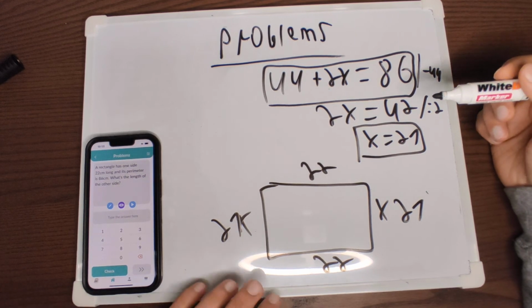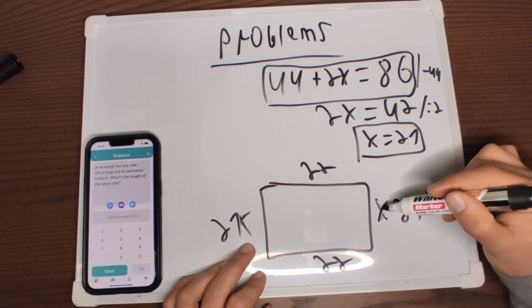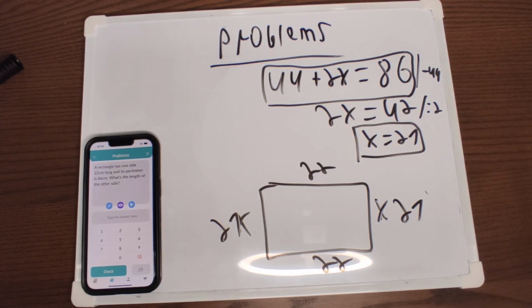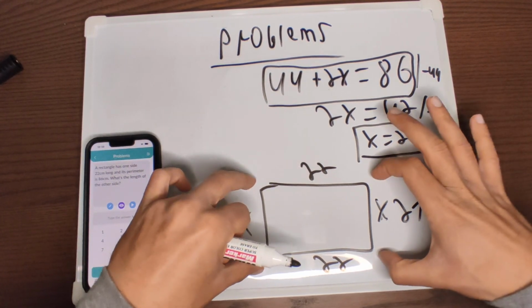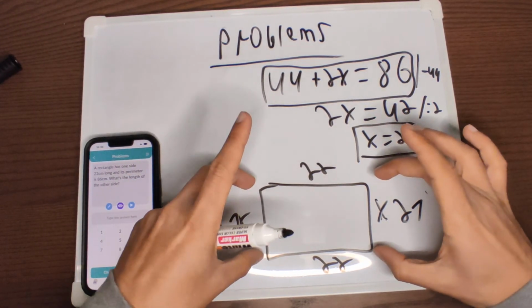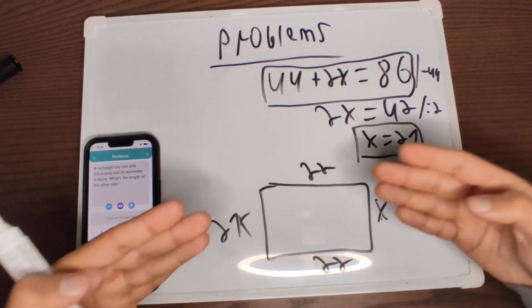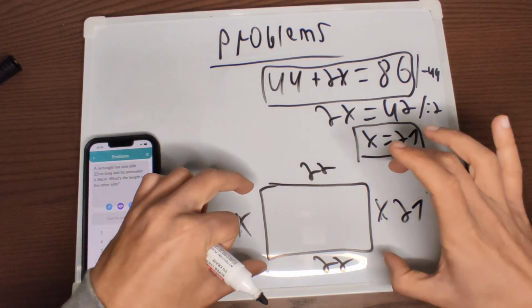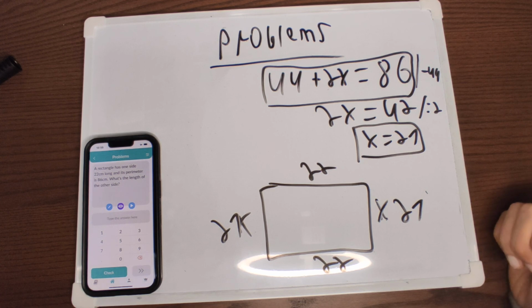You see, right here, it took us some time to understand that we need to mark the edges with an X. So the tip in general is, whenever we have something whose value we don't know and we need to use it somehow, because we know that the perimeter is 86, so those edges are part of the solution, so that we can build an equation, we always mark them with an X or a Y, so it can help us solve the problem.